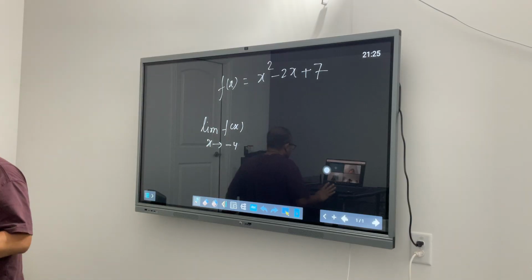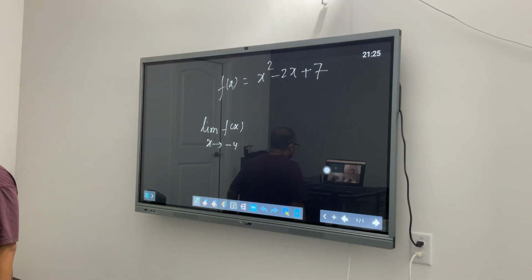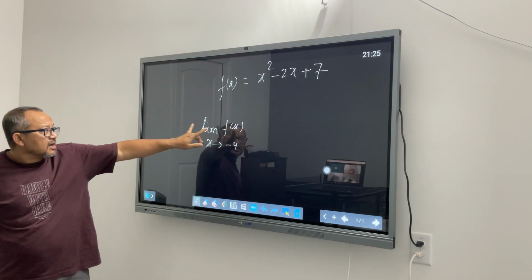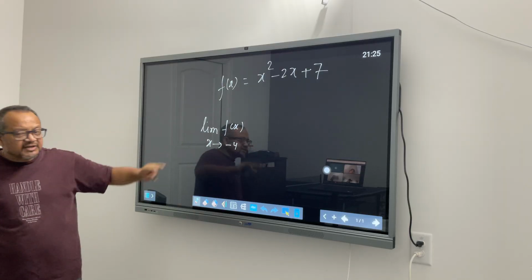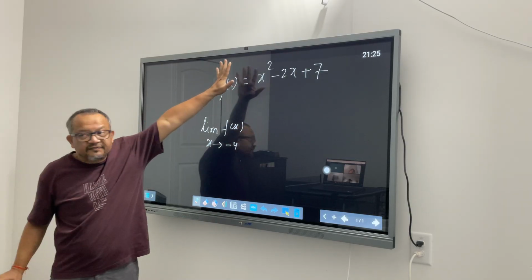You have no other information right now. We just have to find the limit of f of x when x is approaching minus 4, and this is the definition of the function.